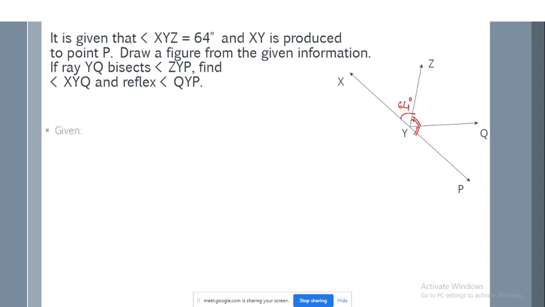Okay, so what are the things given here? Tell me. We are given that angle XYZ is equal to 64 degrees.